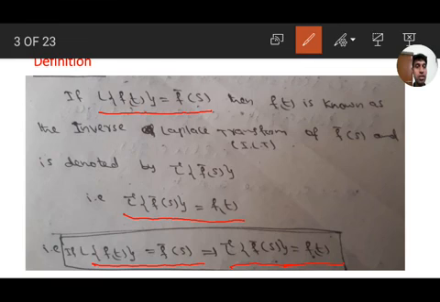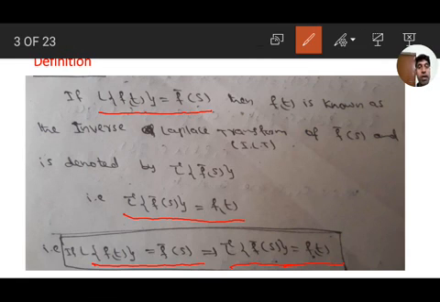This is the definition: if L of f of t equals f bar s, then f of t is the inverse Laplace transform of f bar s, and it is denoted by L inverse of f bar s, that is L inverse f bar s equals f of t.